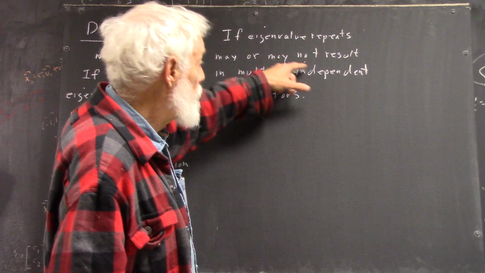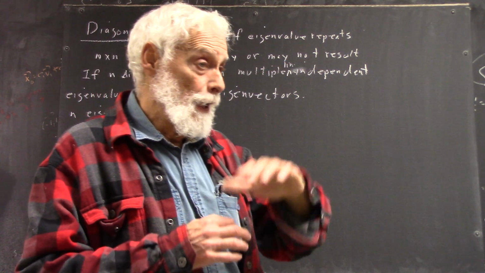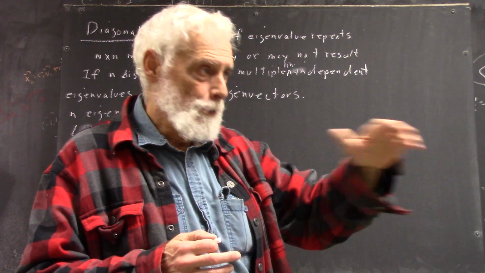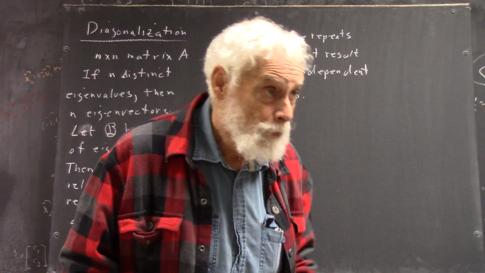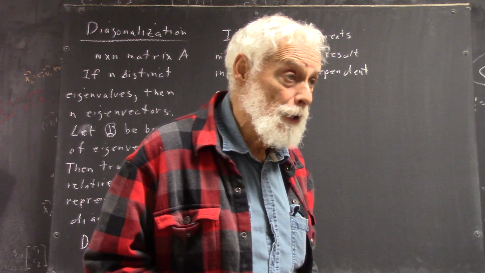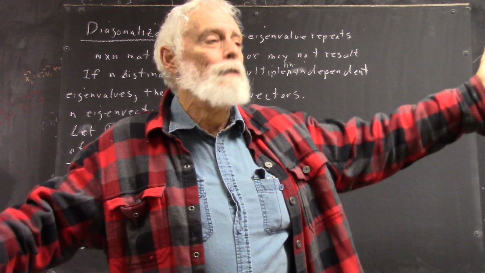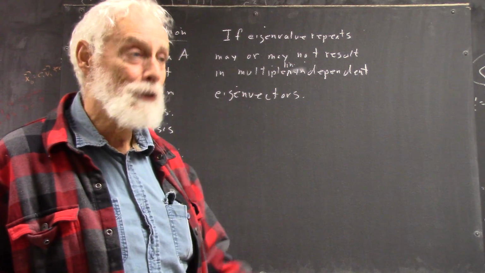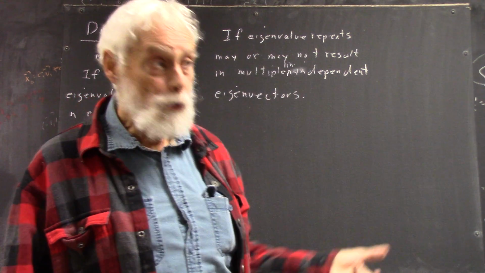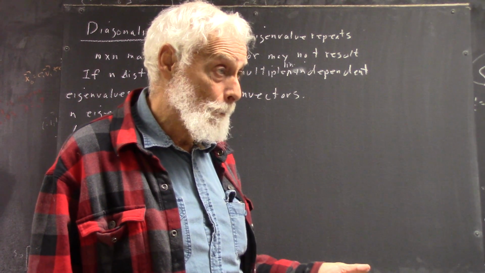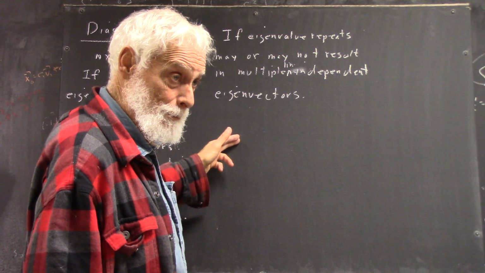If you have a repeated eigenvalue, it's possible that that's not going to happen. If it repeats twice, it's possible you're going to get two independent equations. You have a free variable, and you get two different possible eigenvectors, okay? And maybe 12 independent eigenvectors from an eigenvalue that has multiplicity 12, okay? So it can happen, but it doesn't have to happen, okay?